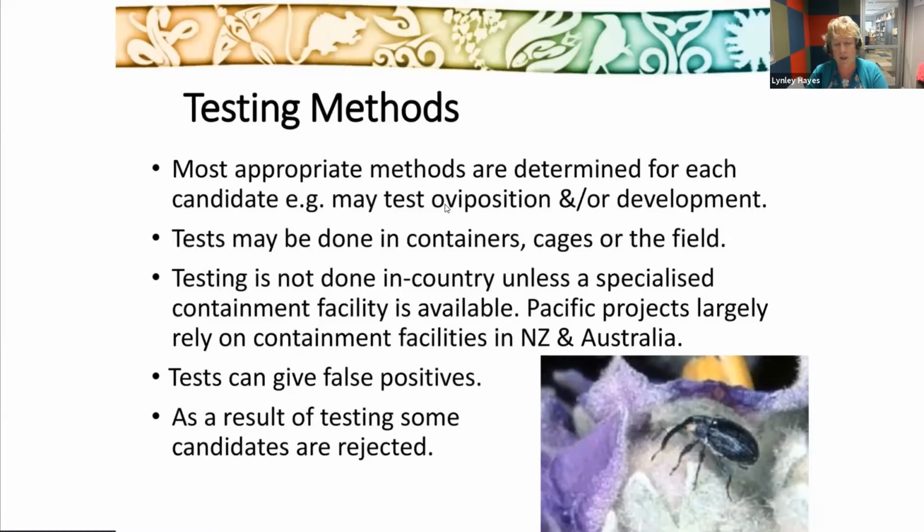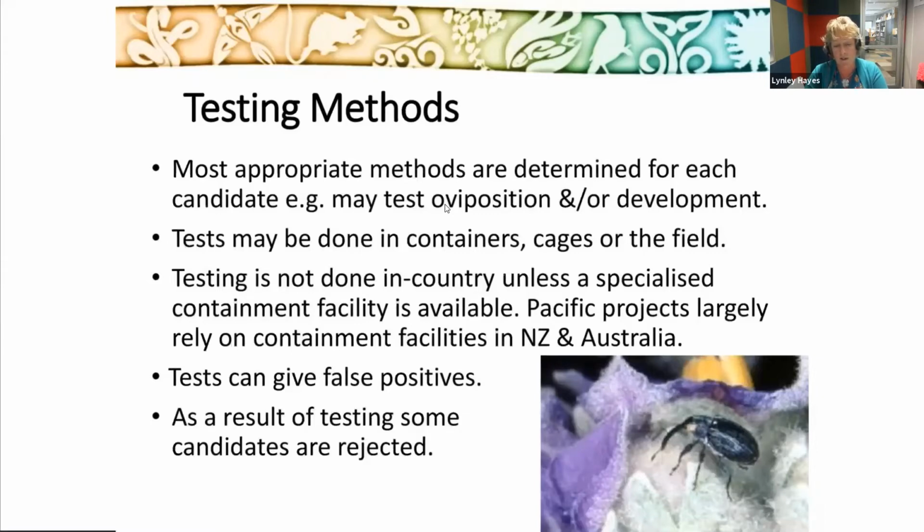So we are having to use these facilities for the Pacific projects so we can do the testing and be sure before a natural enemy would ever come into your country. We are happy to help with that work, and these containment facilities cost millions of dollars to build. So it's likely that we will need to help you with these aspects of the work.